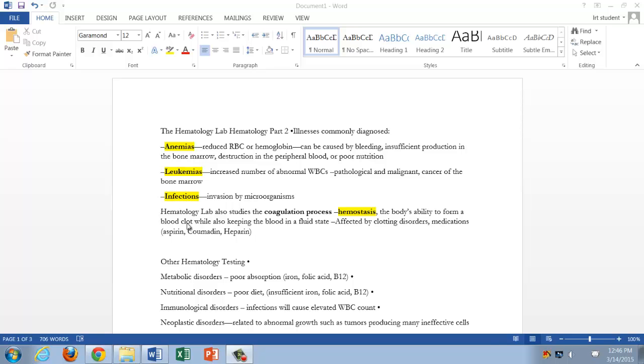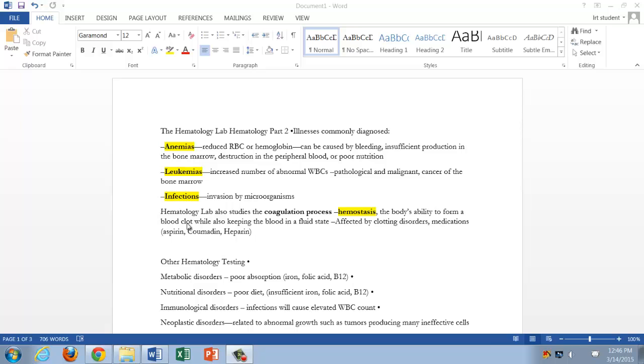We want the body to be able to form the clot and then heal. But we don't want to form a clot when a clot doesn't need to happen, like in a stroke or a heart attack. So we have that delicate balance between bleeding and clotting. And the hematology lab performs tests that determine whether the patient has the correct balance.